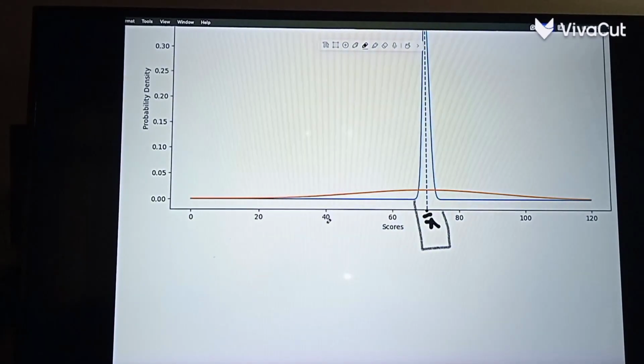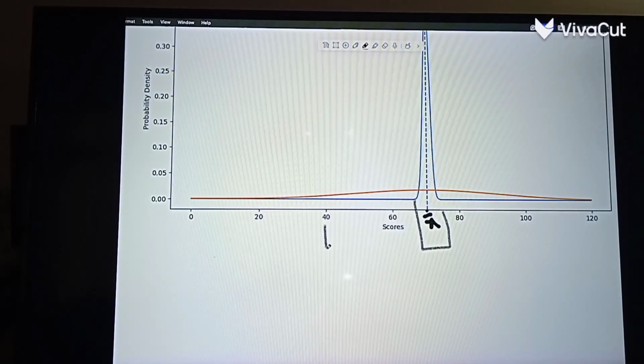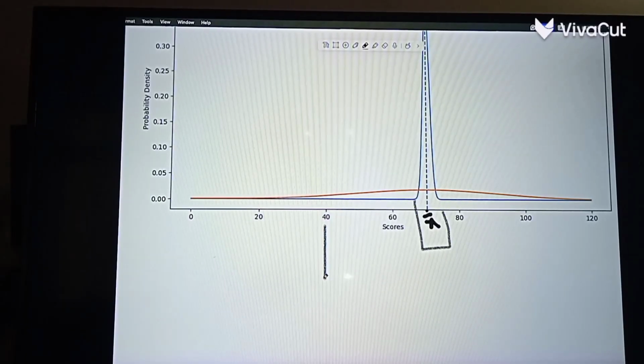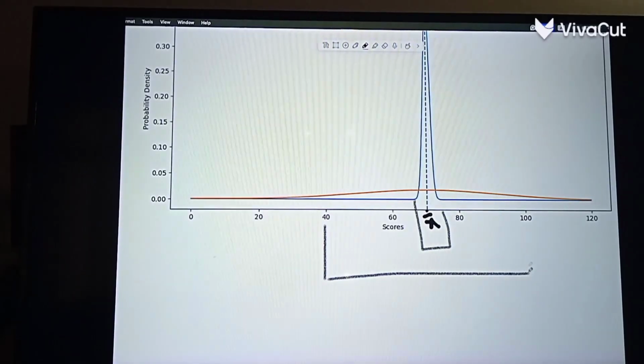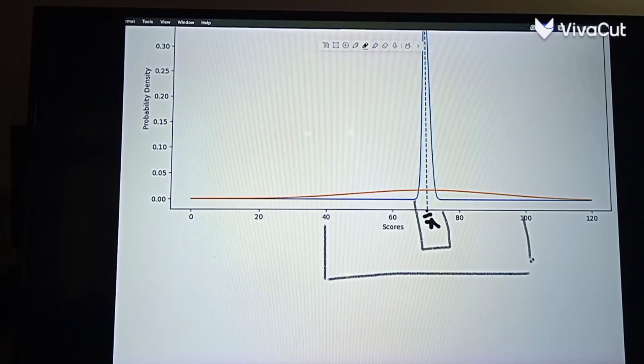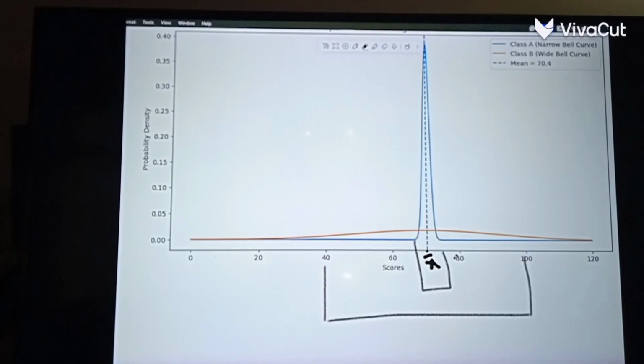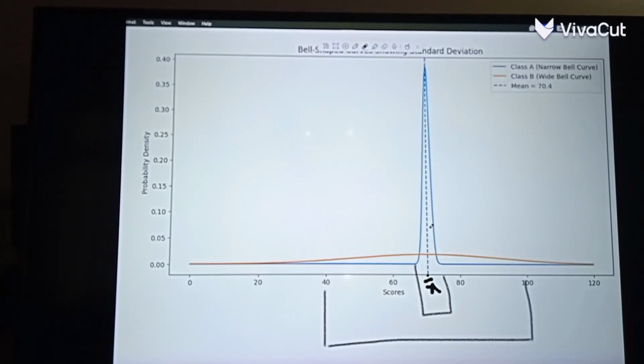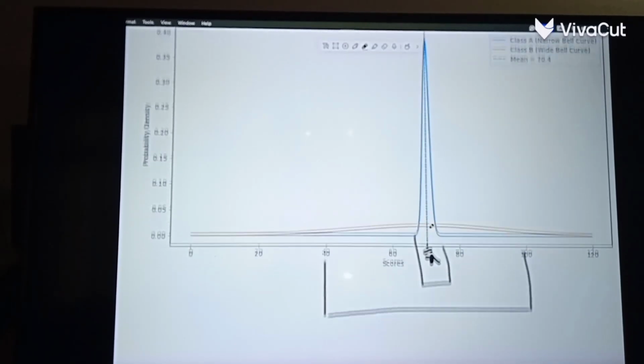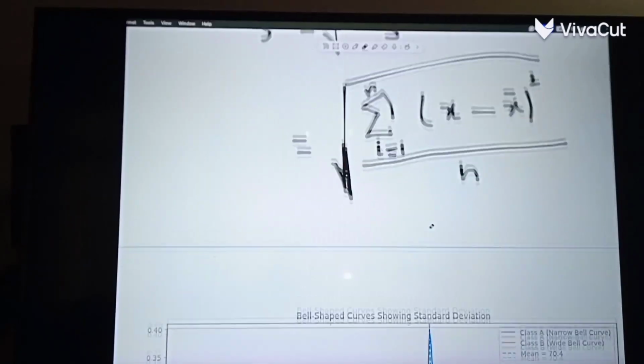So this is 40 and this is 99. So this is the range for the other one. Now if you see the deviation, here we haven't calculated deviation.